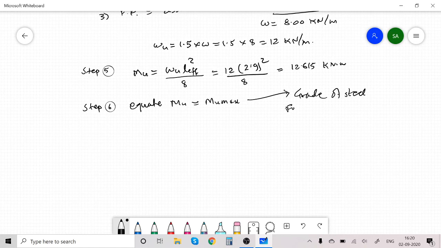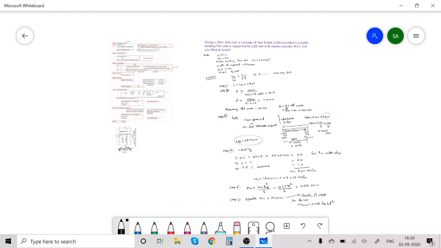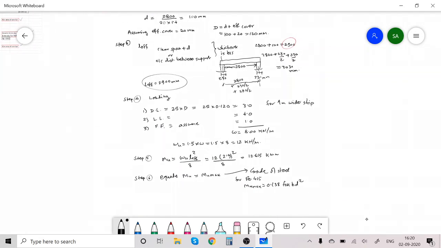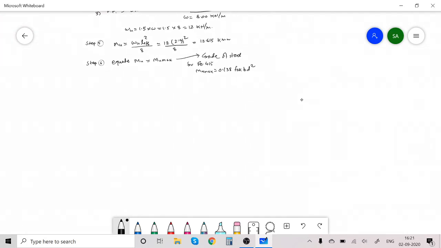Now here we are using Fe415, and for Fe415 Mu max is equal to 0.138 FCK BD square. Now I will calculate the required D to resist this bending moment by equating these two.